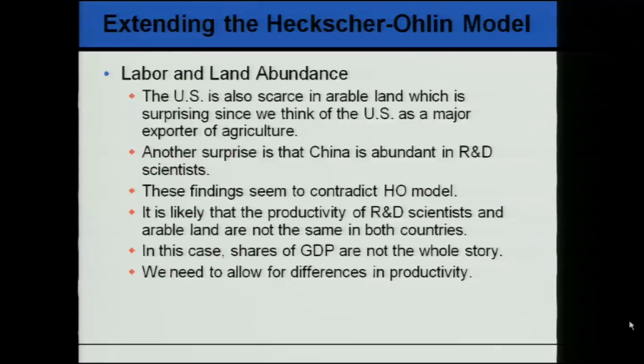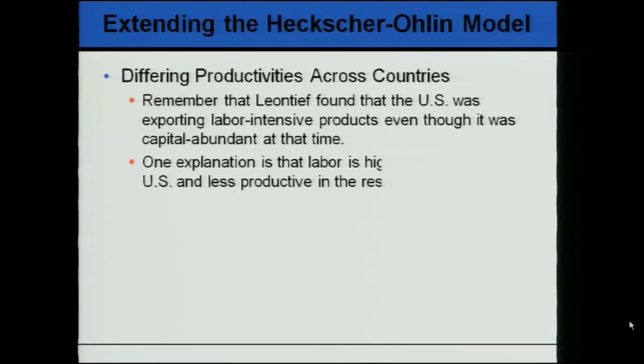Now, US is also scarce in arable land, which is surprising since we think of US as a major exporter of agriculture. Another surprise is that China is abundant in R&D scientists. These findings seem to contradict the Heckscher-Ohlin model. So, it is likely that productivity of R&D scientists and arable land are not the same in both countries. In this case, shares of GDP are not the whole story. We need to allow for differences in productivity.